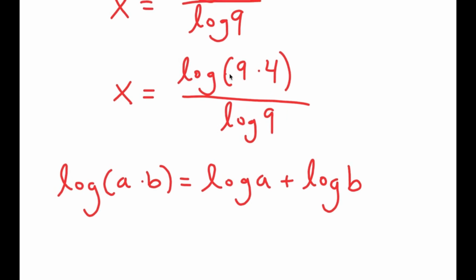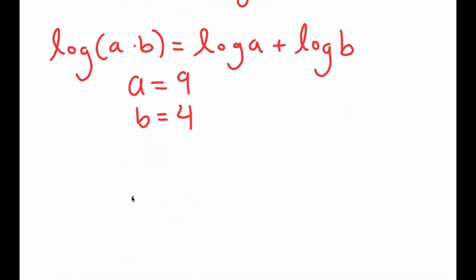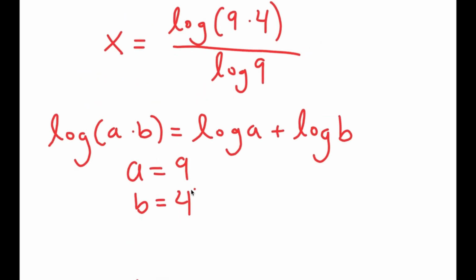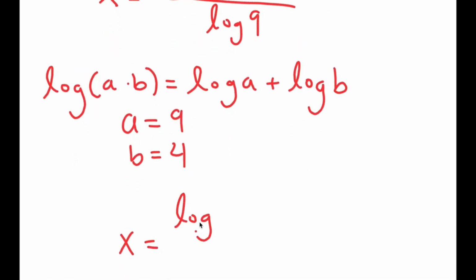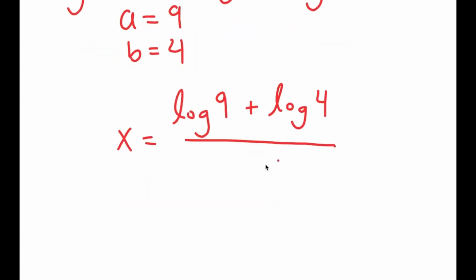So in this case, I have log 9 times 4, and we can say that a is 9 and b is 4. So this turns into log of 9 plus log of 4. And remember, I still have all of this over log 9.